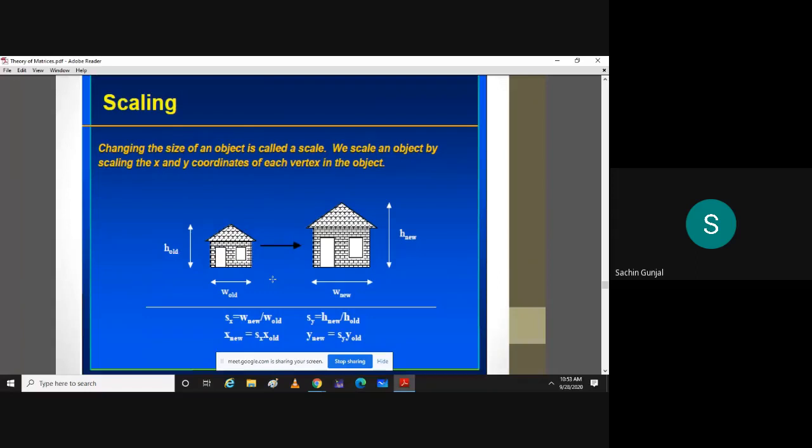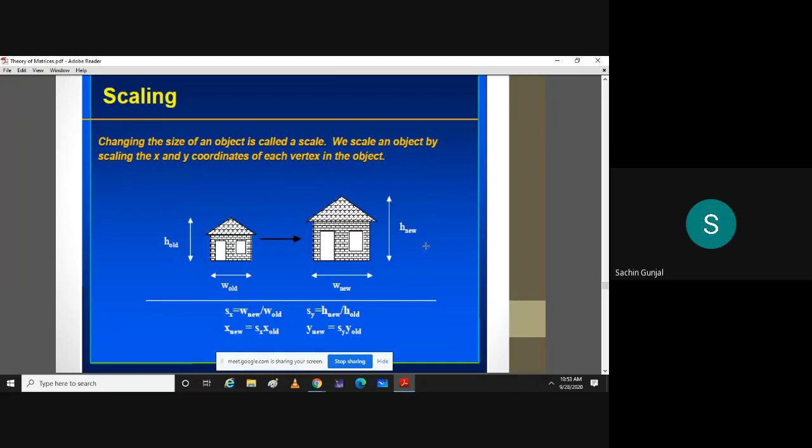So what can you say about the size if your scaling is between 0 to 1? It will decrease, right? If your scaling factor sx comma sy is between the interval 0 to 1, then the size will decrease. Do you believe that? Yes, sir. Okay. Good. So this was scaling.